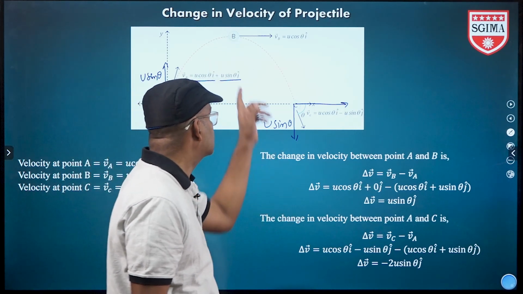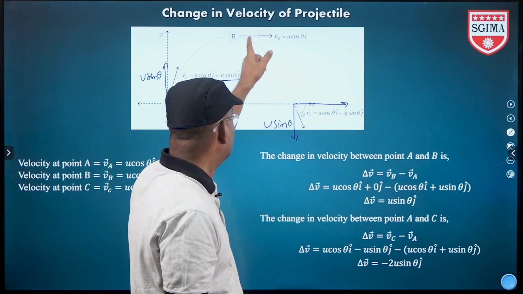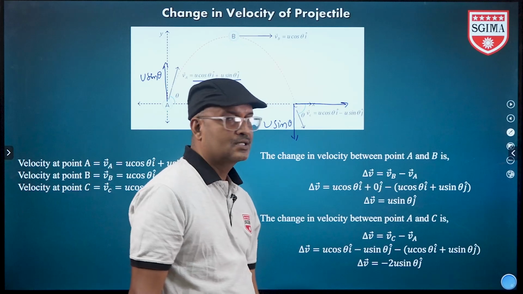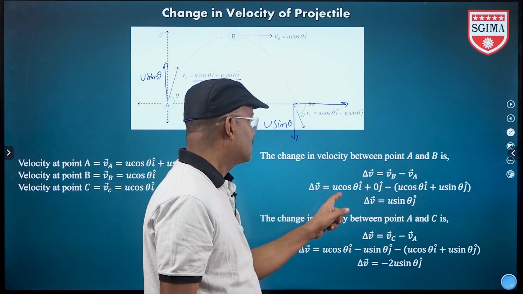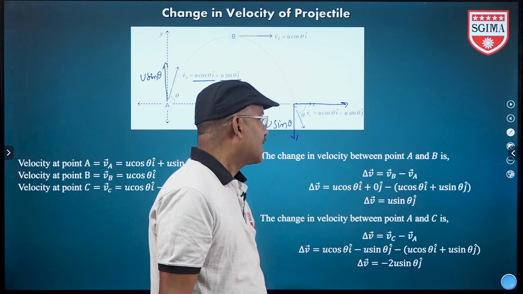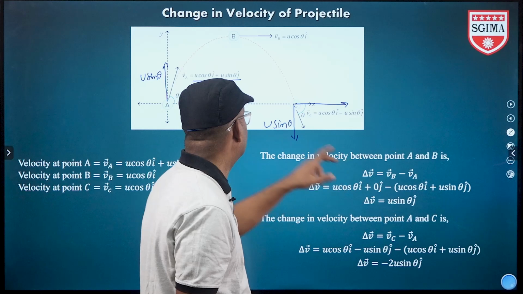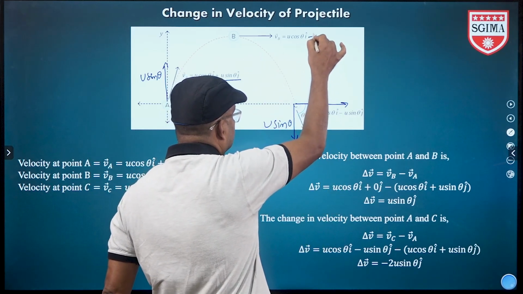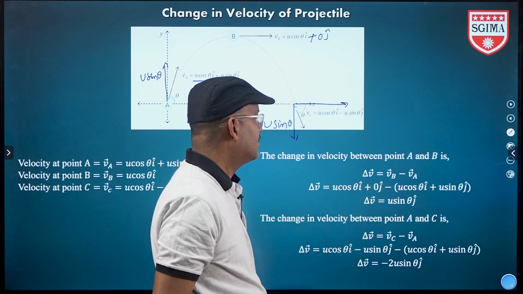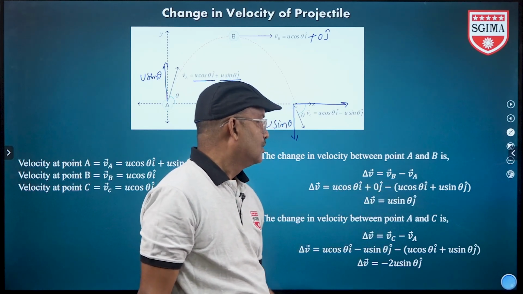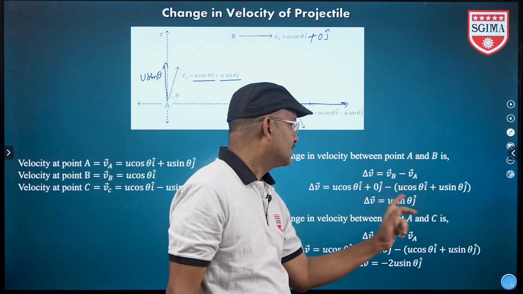Initially it started here. So, change in the velocity in vector form, delta v is equal to velocity at point B minus velocity at point A. So, delta v is equal to u cos theta i plus 0j, minus the initial velocity u cos theta i plus u sin theta j.